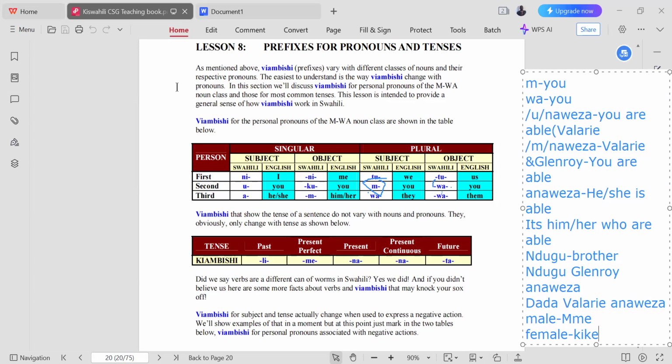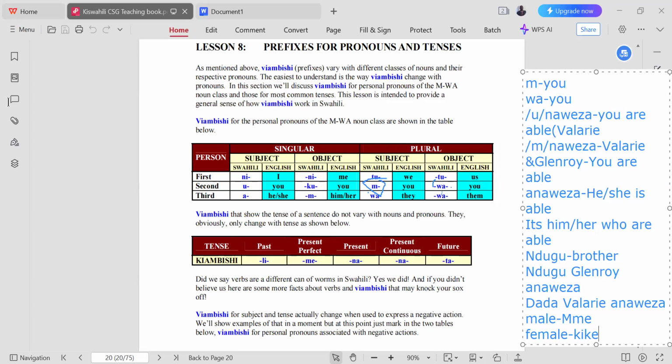Thanks. How would you use the kike and ndugu in a sentence? That is impossible even in English, because you cannot mix them.